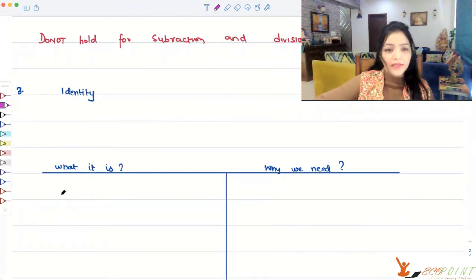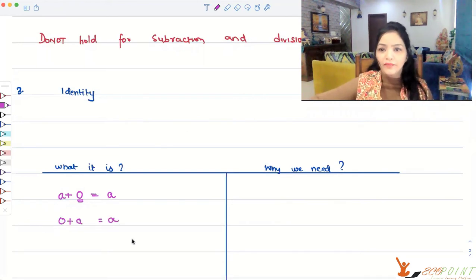An additive identity would be A plus 0. 0 is such a real number that if you add it to any number, you will get that number itself. So 0 plus A would also be equal to A itself. And this is also an important property of real numbers. And why is it important? We generally use it without naming it.